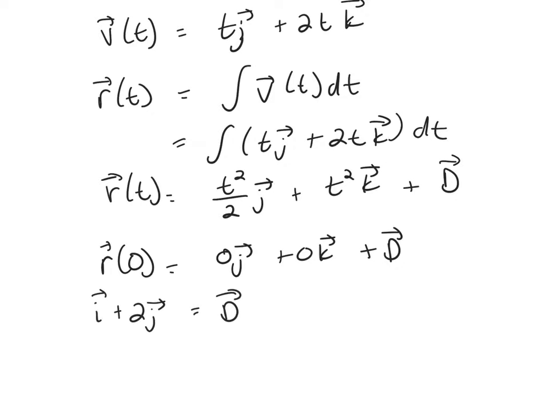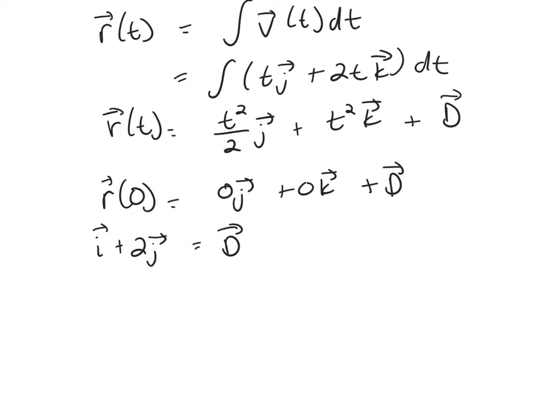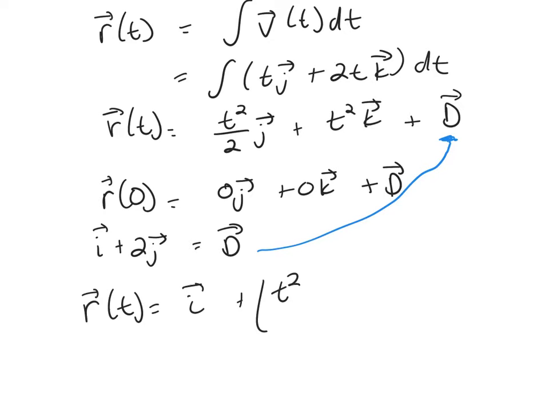So now I've got my position vector, r of t. If I plug this in place of d and combine my terms, I'll have i plus (t squared over 2 plus 2)j plus t squared k. So there's my position vector.